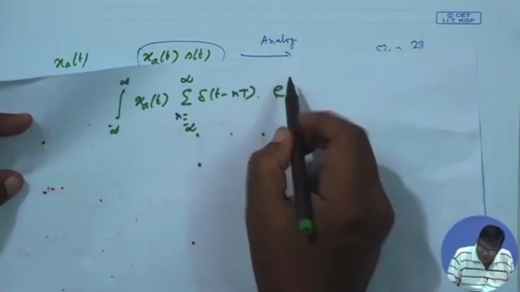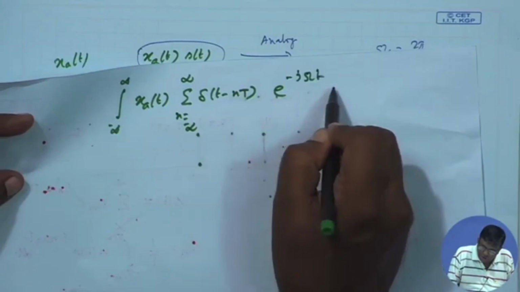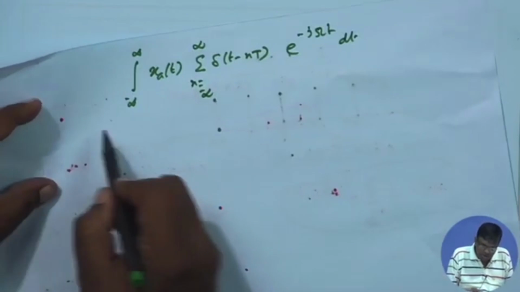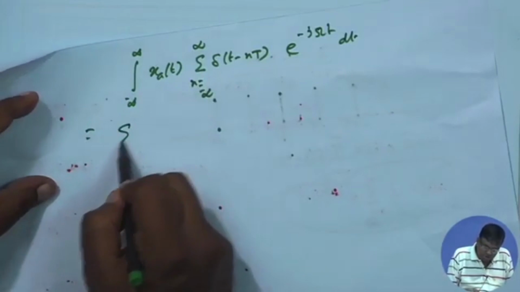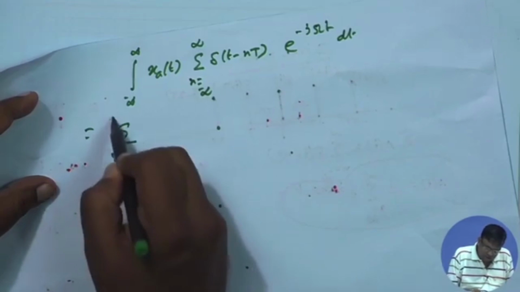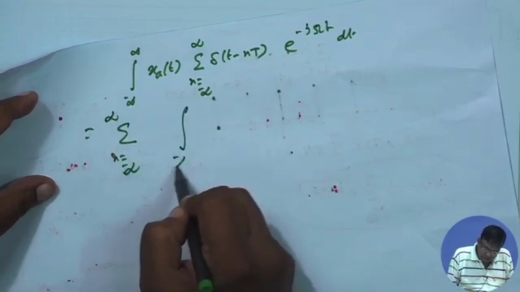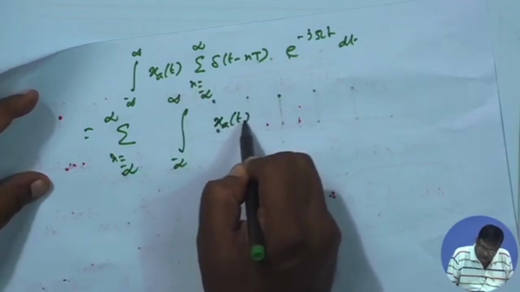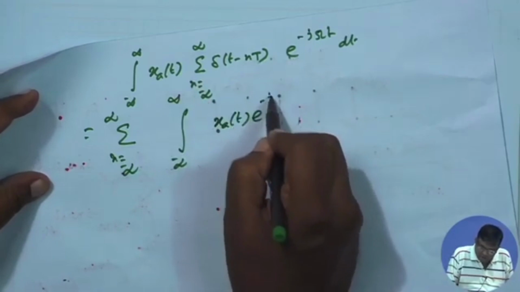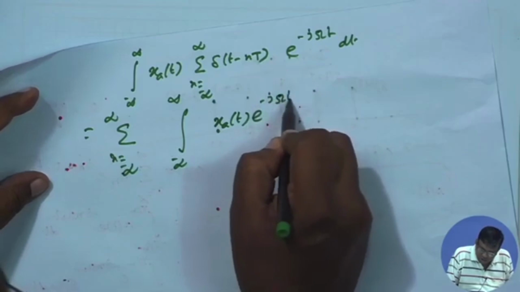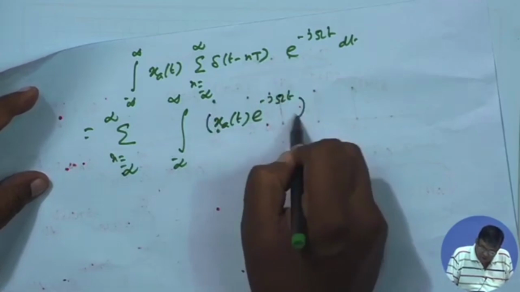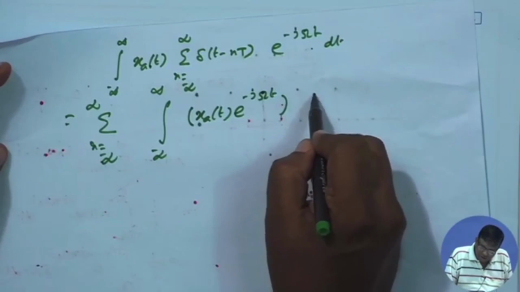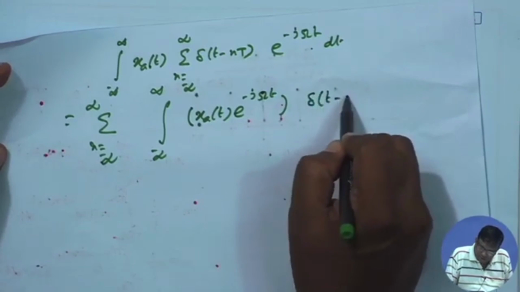e to the power minus j omega t dt. Again, I interchange the two summations. This goes outside, this is inside. What you have is x_a(t) e to the power minus j omega t, this part, multiplied into delta(t minus something).